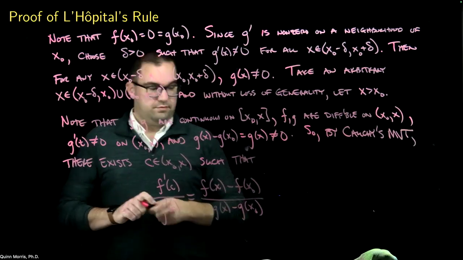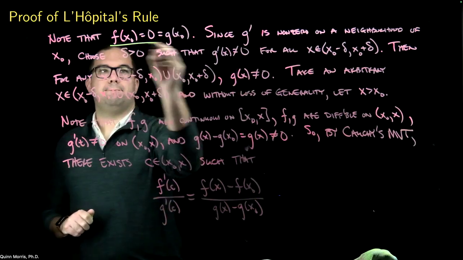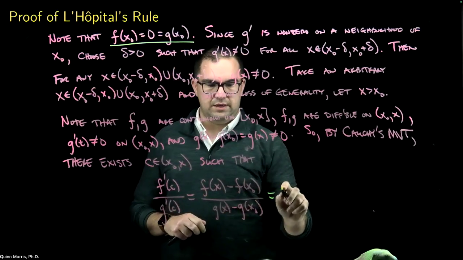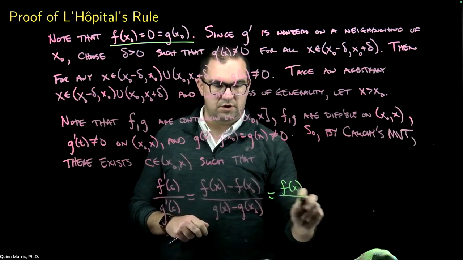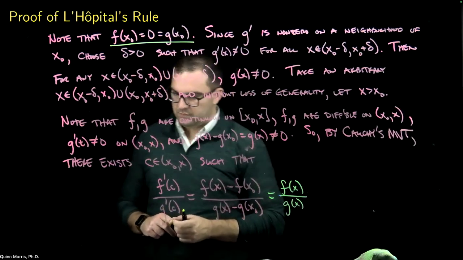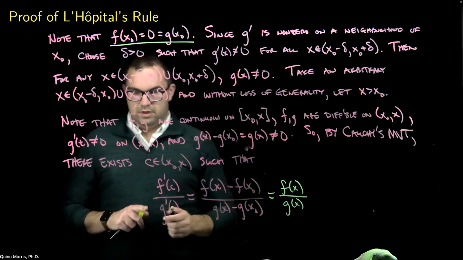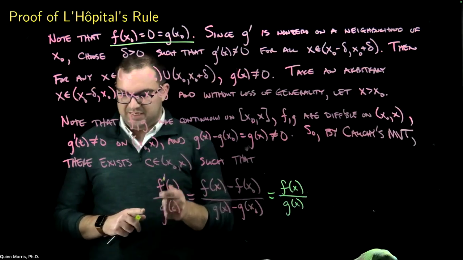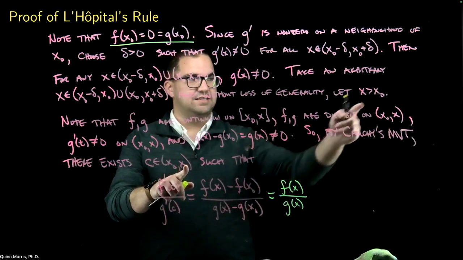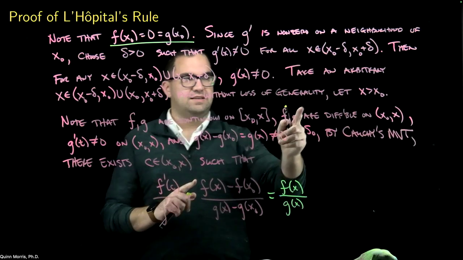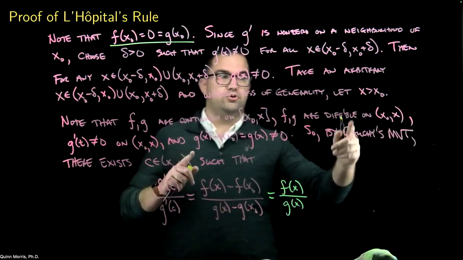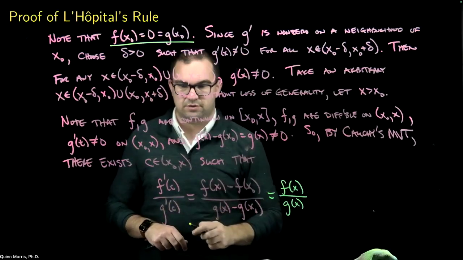But again, remember, f of x naught and g of x naught are both 0, so this is really f of x over g of x. Now, I want to emphasize that this c value depends on what your x is that you chose up here. If you had picked a different x, maybe a little bit closer to x naught, then your c value would necessarily change.